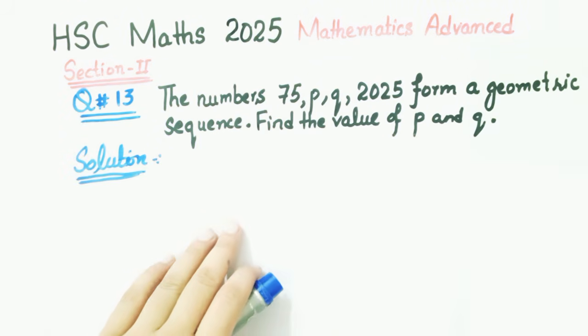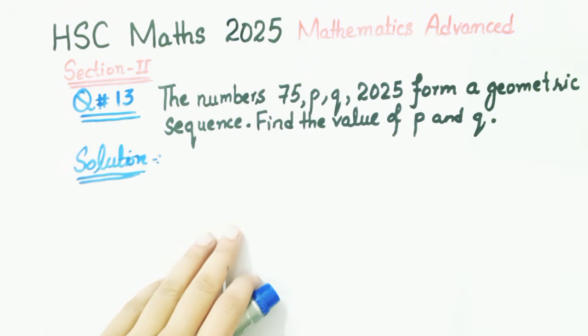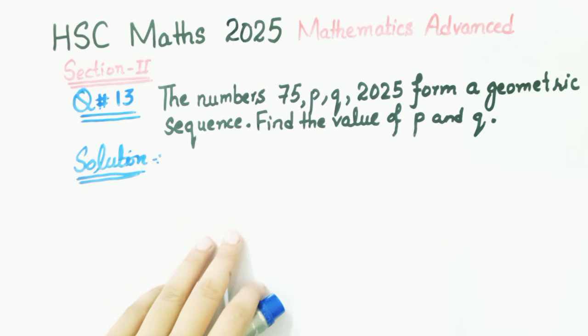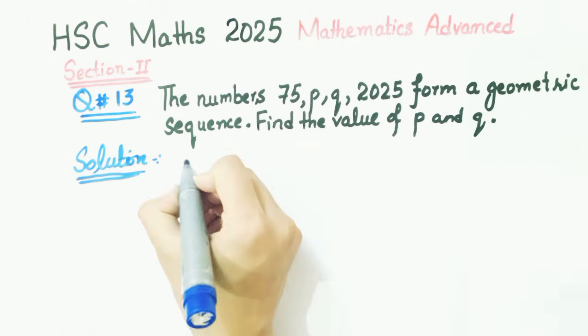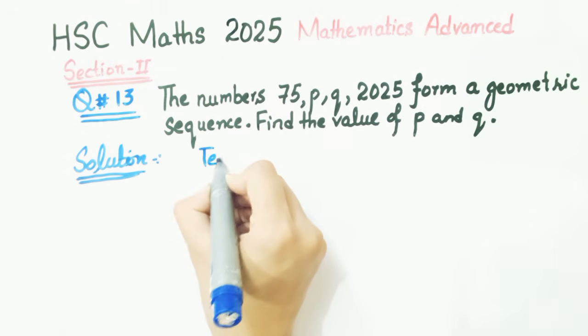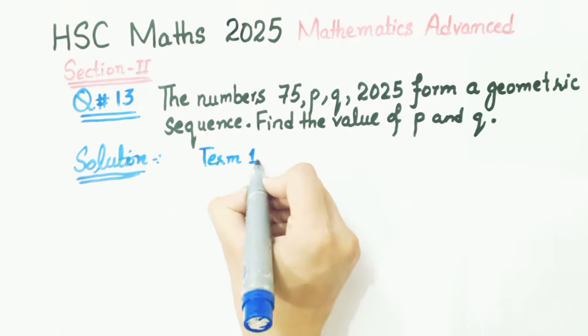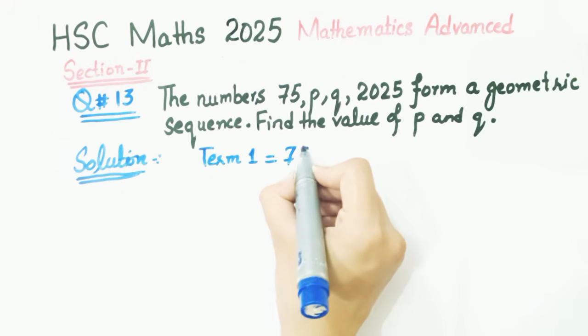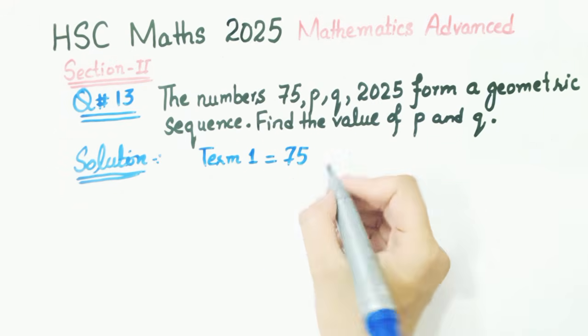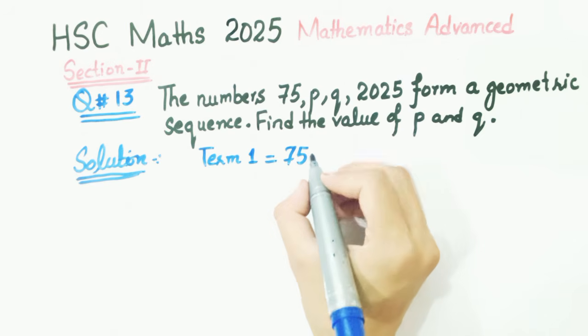We will solve this by using the geometric sequence formula. For this purpose, first of all, we can see the first term is 75. So we will write that term 1 equals 75, and P and Q are the second and the third term.